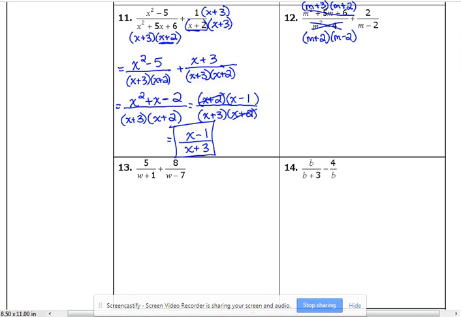But the reason I asked is because if we factor the numerator and the denominator, can we simplify something in that first rational expression there? Yeah, we can. There's an m plus 2 in the numerator and the denominator of that first rational expression. So when we do that, look at what happens.